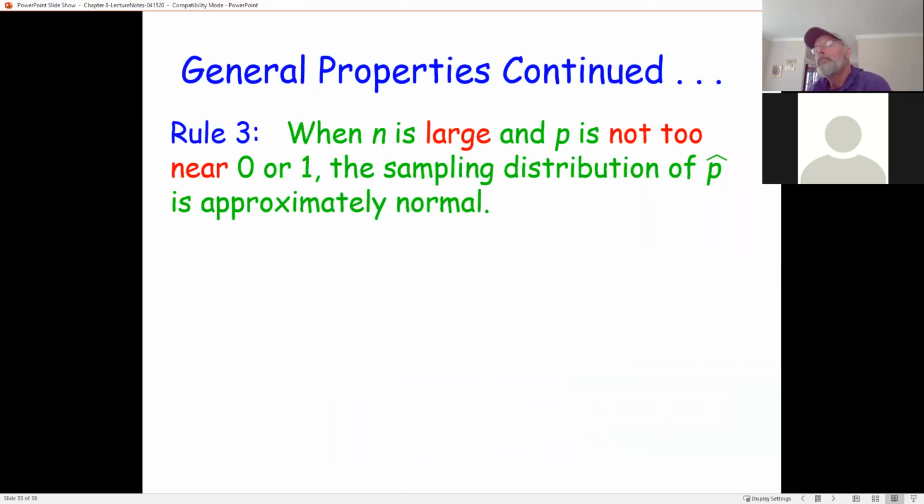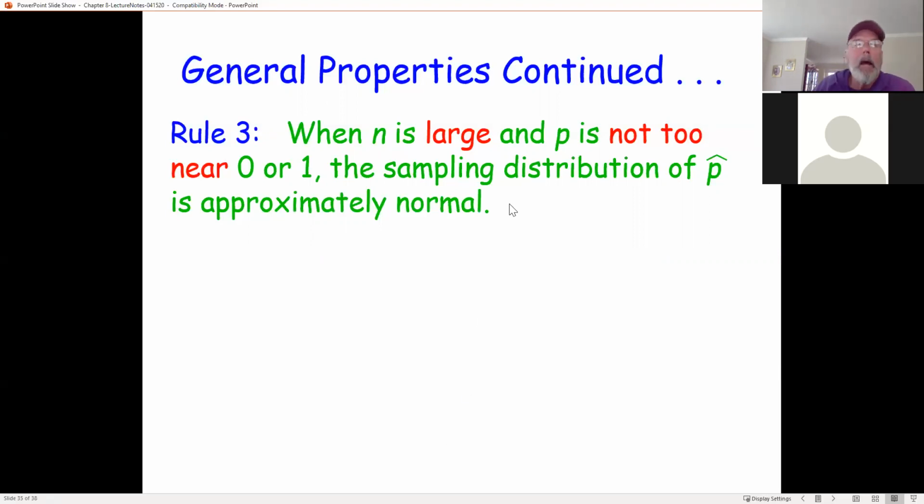Okay, so rule number 3 with proportions. When n is large, and p is not too near 0 or 1, the sampling distribution of p hat is approximately normal. That was the case when we were thinking about the females at Cal Poly.